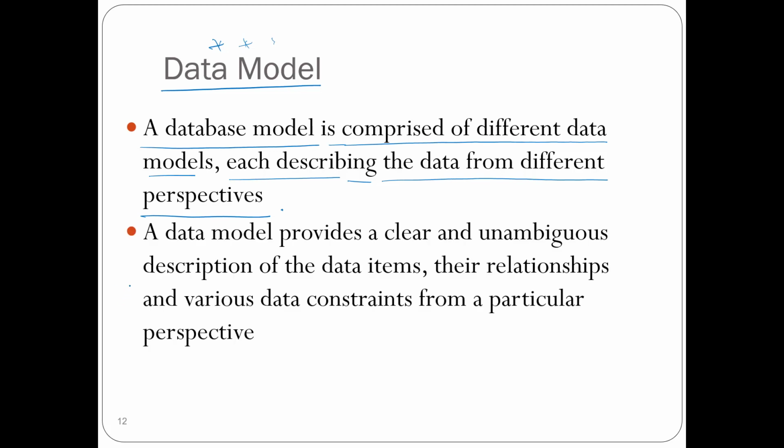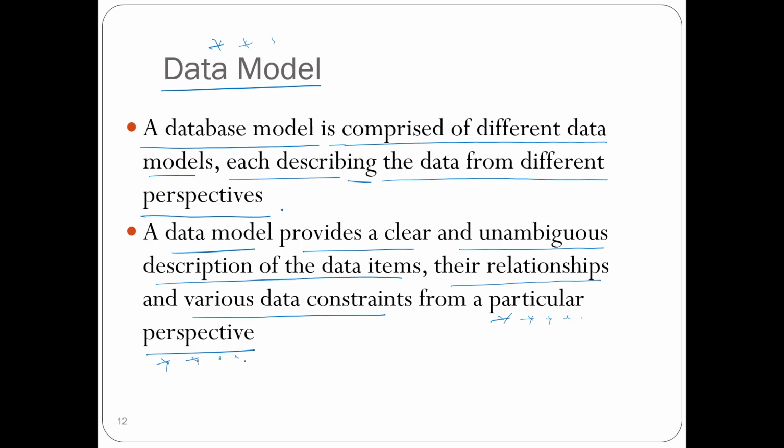And what do data models do? A data model provides a clear and unambiguous description of data items and their relationships and various data constraints from a particular perspective. So perspective is important here. You would see that we would identify, I think, 3 or 4 data models, and they are different because their perspective is different.